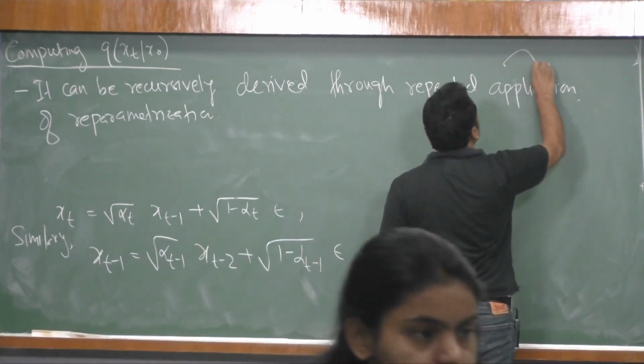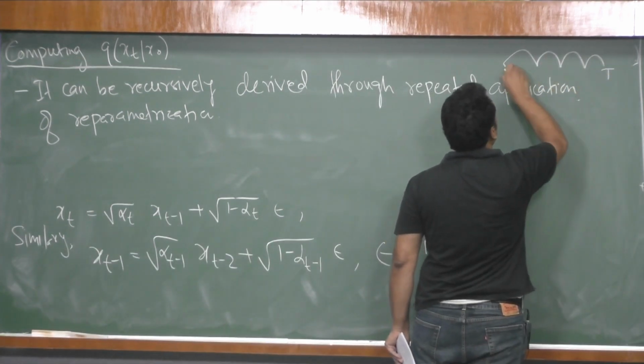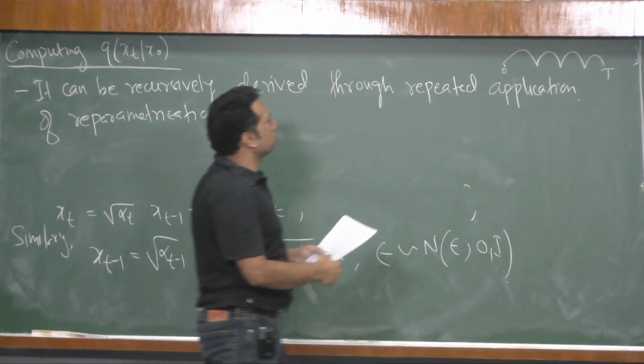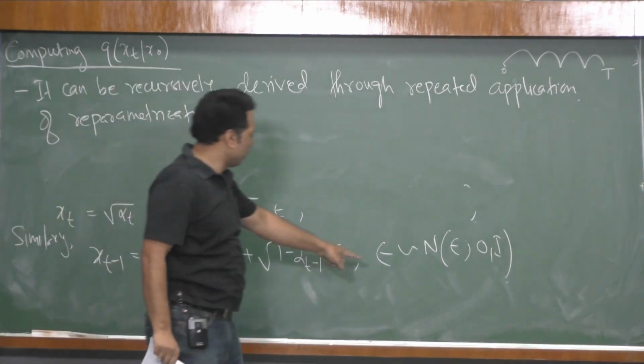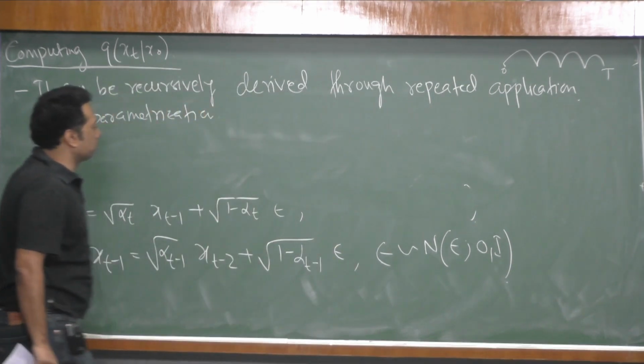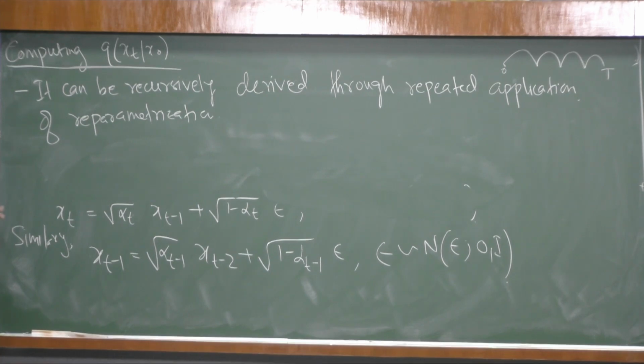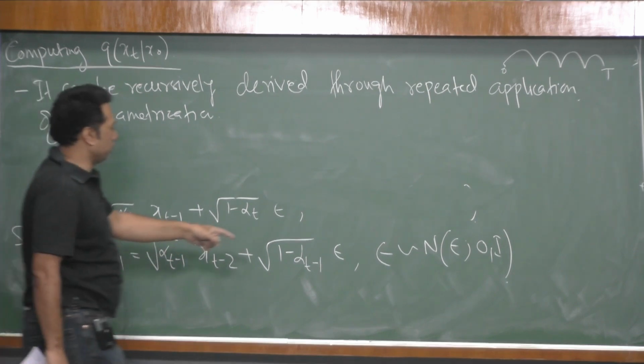So essentially I want in hand capital T of these epsilons, because although I say t is arbitrary, I can take capital T of those samples, and I will also use some auxiliary epsilon star.